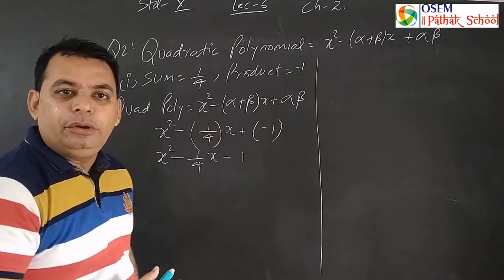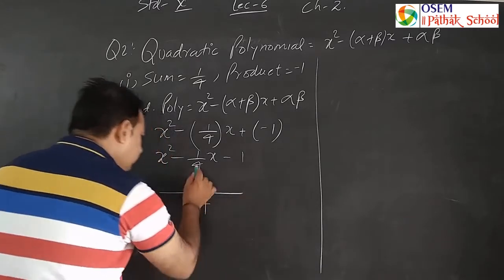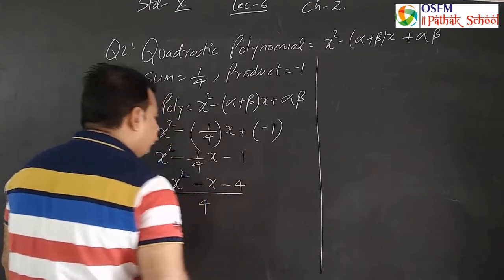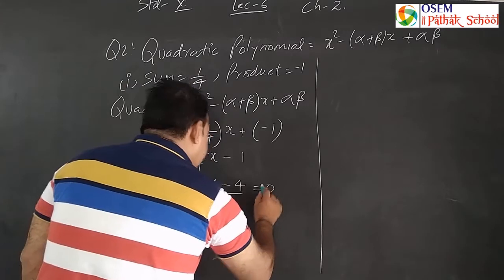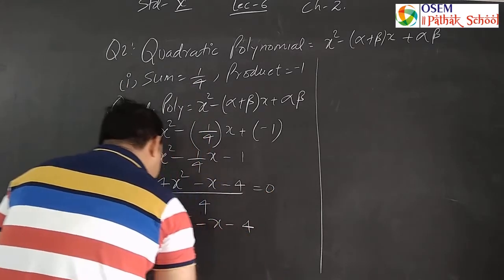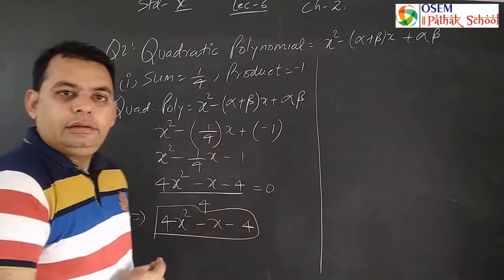Now every time we will take out the LCM: 4x square minus x minus 4. So 4x square minus x minus 4 is your quadratic polynomial.